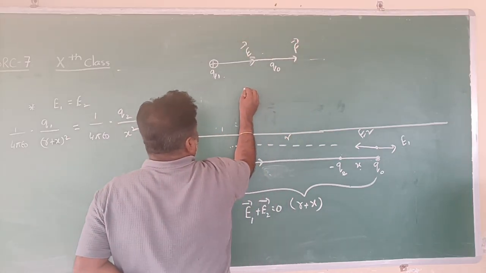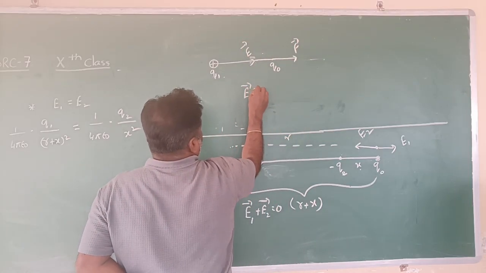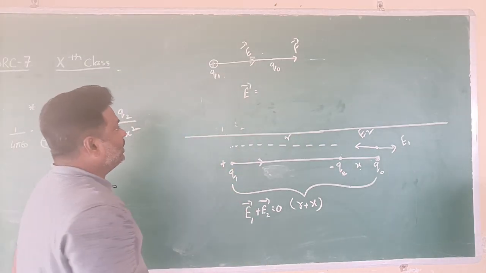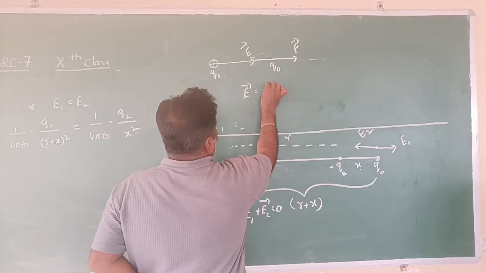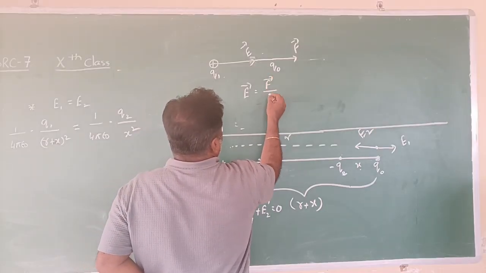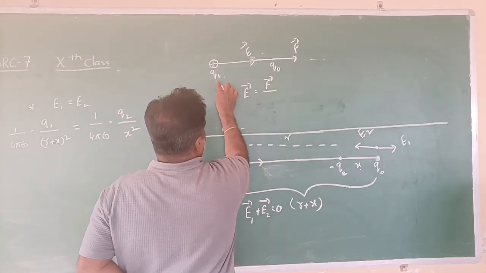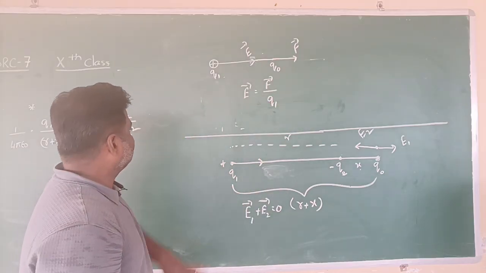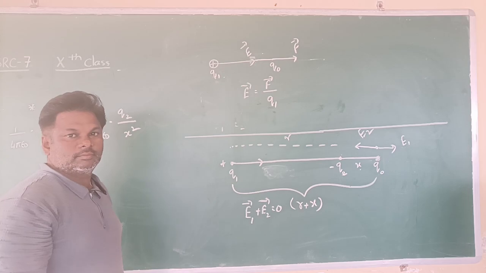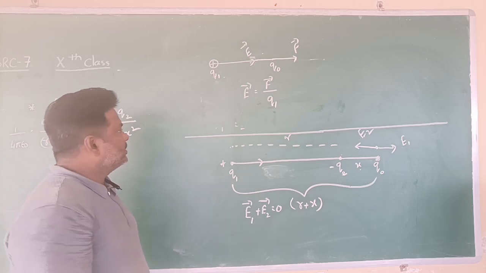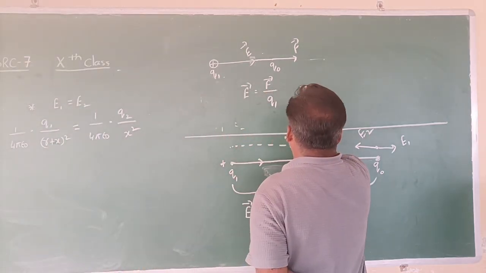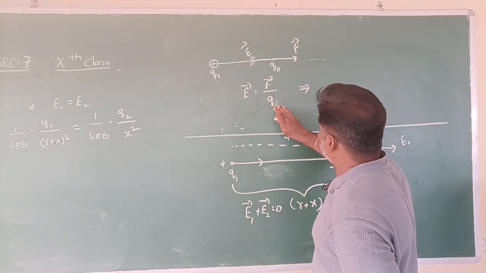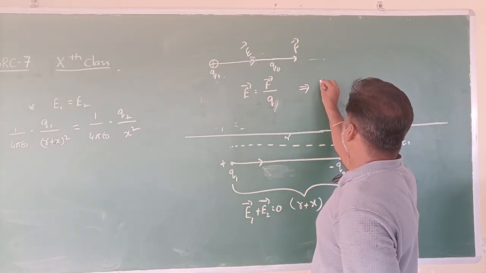You all know that E bar is equal to F bar by Q, not Q bar, just Q. Here it is due to Q1. So here, implies, just a small conversion. Suppose you are taking this as Q, then what will happen?